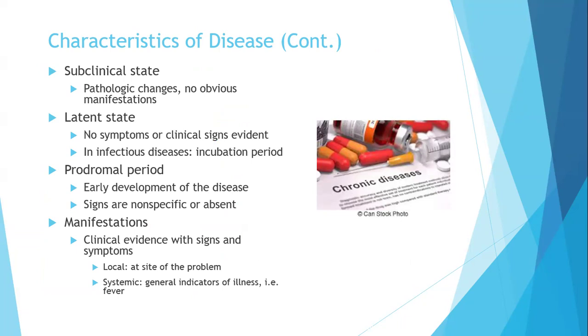And so there are pathological changes going on. You've got the infection, but there are no obvious manifestations yet. However, with infectious diseases, you might be infectious in the subclinical state. You might be able to pass that disease on to somebody else. And we'll talk more about that in chapter 6.